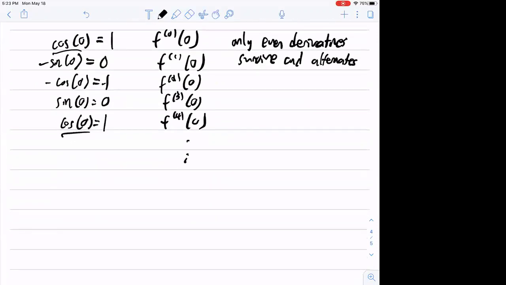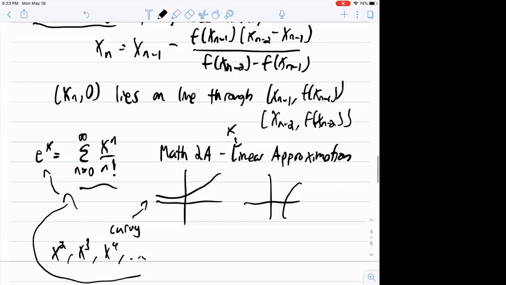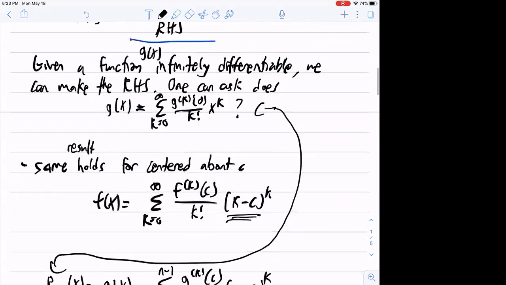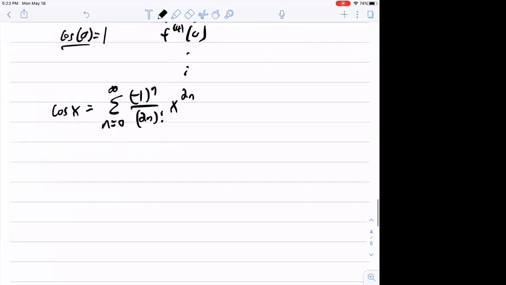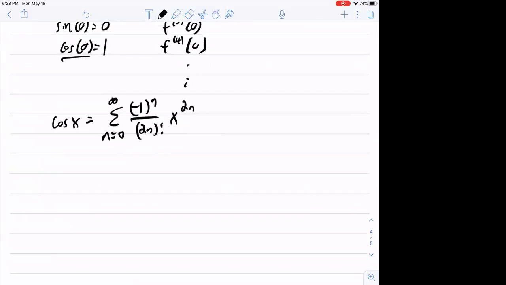If you look at the pattern, it alternates, so I need a (-1) to the n, but I only care about the even powers. Remember it's x to the k over k factorial. So if I replace k by 2k, it becomes x to the 2k over 2k factorial. So cosine is given by this. But sadly, a power series is of the form a_n x to the n.